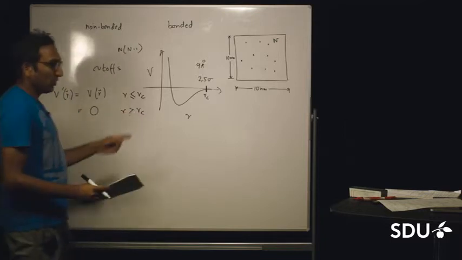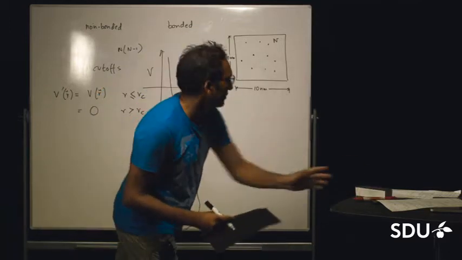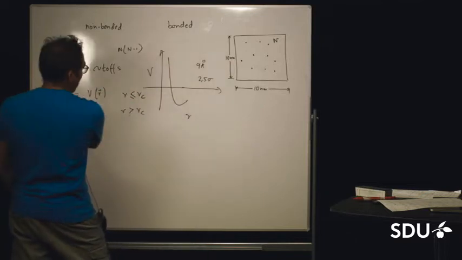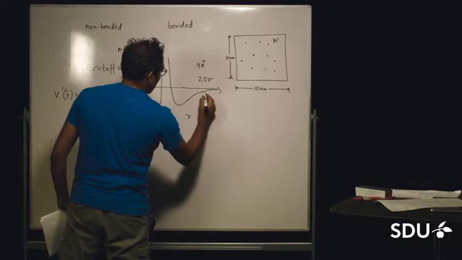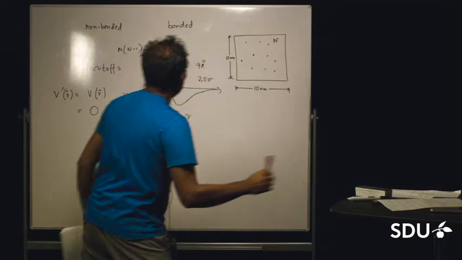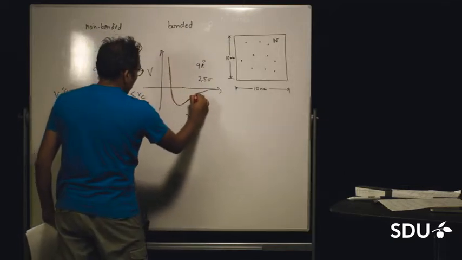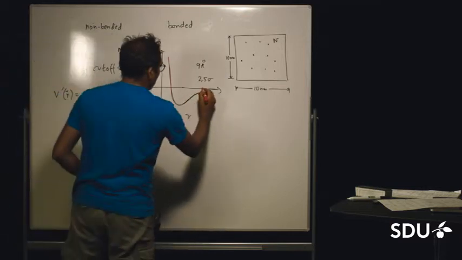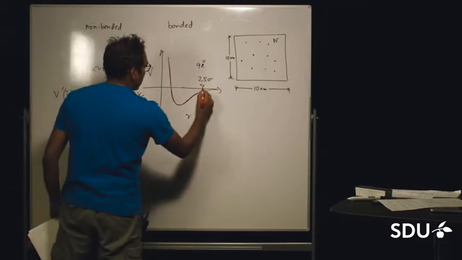Right? Now, if I draw this plot a bit more carefully, my modified potential will look something like this. So, this is the actual potential, and the modified potential will look exactly the same as the original potential up to a distance of RC, and beyond RC it will suddenly switch to 0.